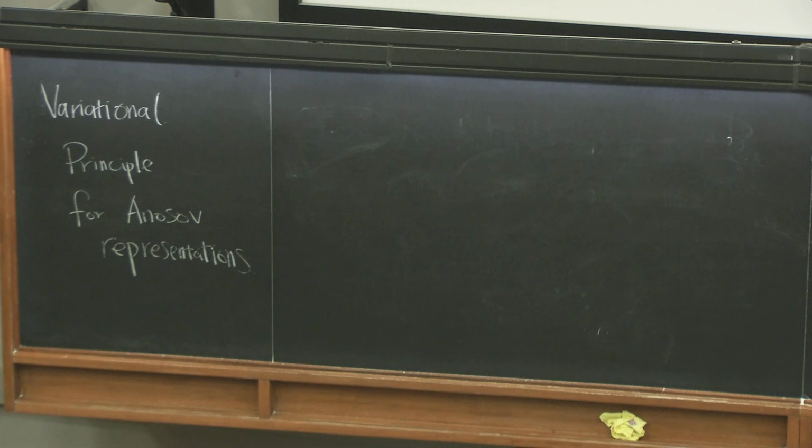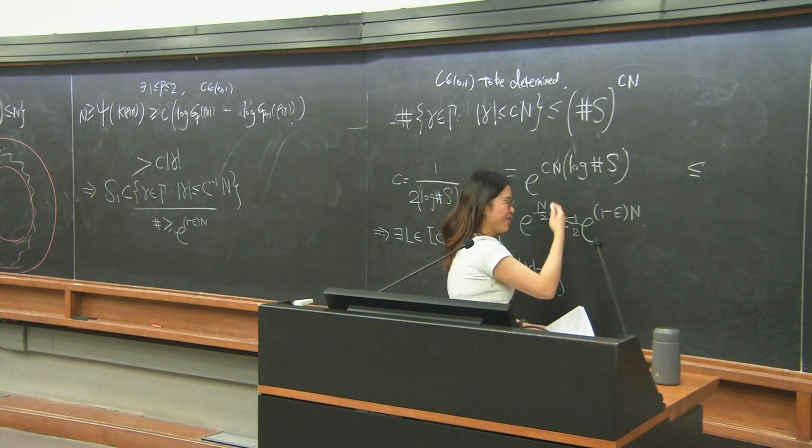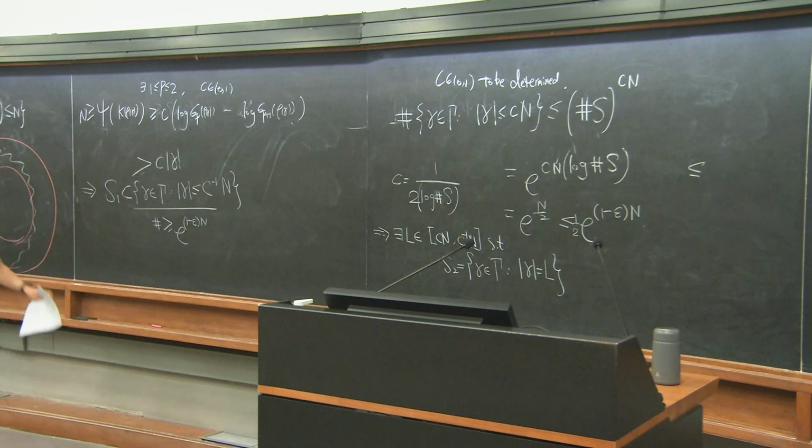You know this is n over 2, this is n, so I can just shrink something. This epsilon is not the same as that epsilon, but the point is that this is large, this is small. In between, I can find some L such that the cardinality of S2 is greater or equal than e to the 1 minus epsilon to the n, and the length is between c inverse L and c inverse n and cn. Okay, good. So I have an annulus.